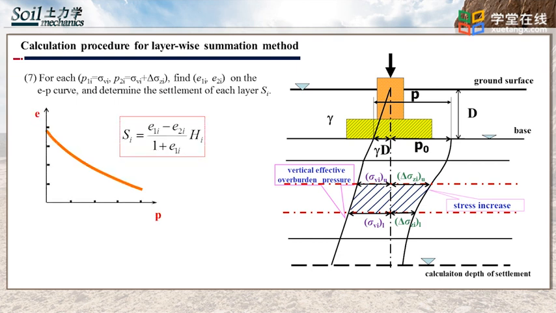Step 7. For each P1i and P2i, find e1i and e2i on the e-p curve, and determine the settlement of each layer Si. e1i is the initial void ratio corresponding to the initial stress P1i, which equals the effective overburden pressure sigma Vi, and e2i is the void ratio after compression corresponding to the summation P2i of the initial stress sigma Vi and the stress increase delta sigma Zi.